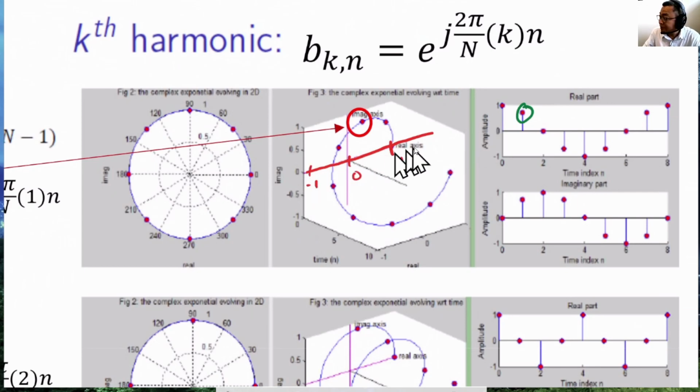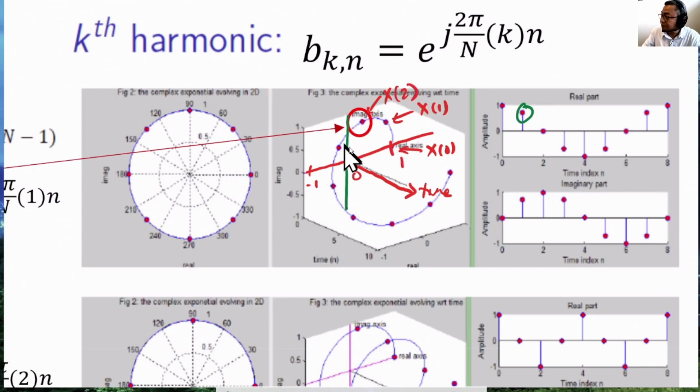This is the real axis, and the vertical line, now drawn in green, is the imaginary axis, and now drawn in red, coming out, is time, discrete time. You'll see that the phasor, the first point, starts from here. So this particular point is x0, this point is x1, this point is x2.